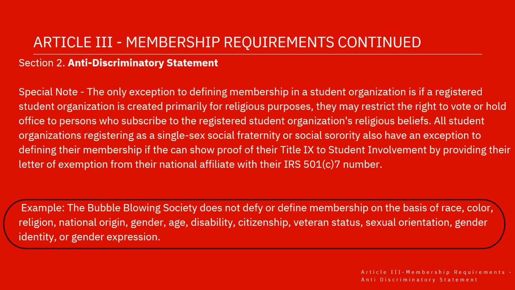A special note as well: the only exception to defining membership in a student organization, if registered, is one created primarily for religious purposes, and they may restrict rights to vote or hold offices to those who subscribe to the registered student organization's religious beliefs. All student organizations, though, who are registering as a single-sex social fraternity or sorority have to obtain an exemption from the Title IX office, and this must be provided to the Office of Student Involvement if you're seeking that kind of membership selection restriction.